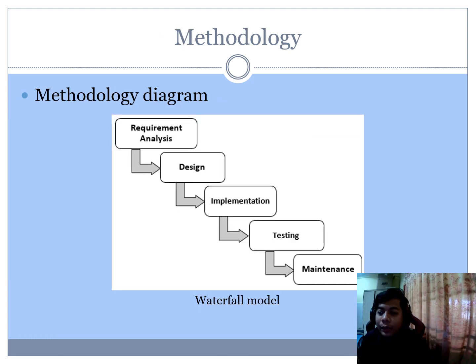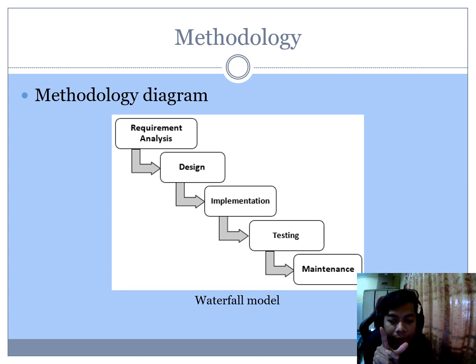Okay, right now we will go to the methodology section. Here is the methodology diagram, where I chose the waterfall model for the project. The waterfall model has five phases. The first phase is requirement analysis, where the idea and concept of the project are proposed.